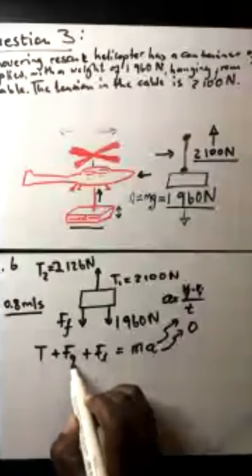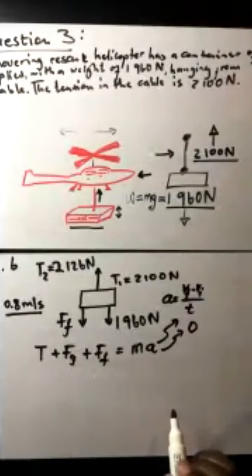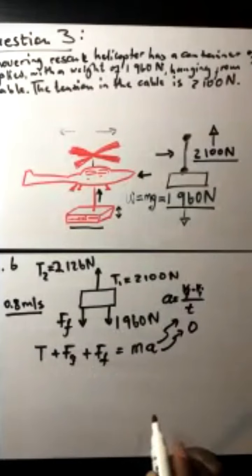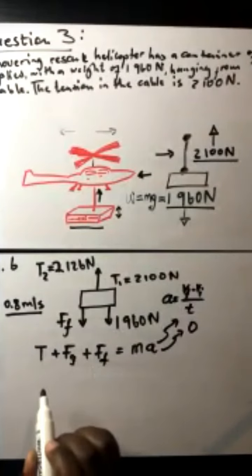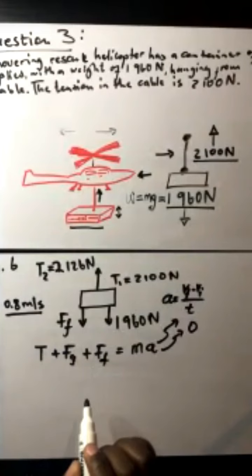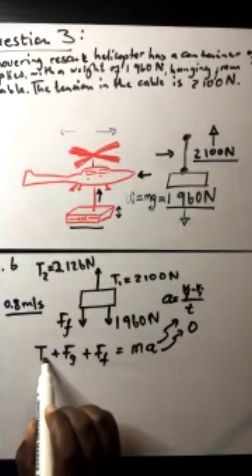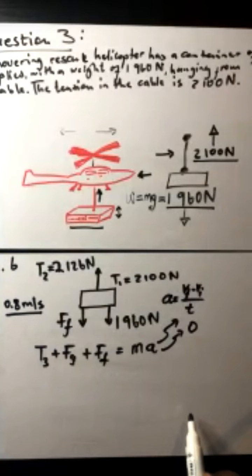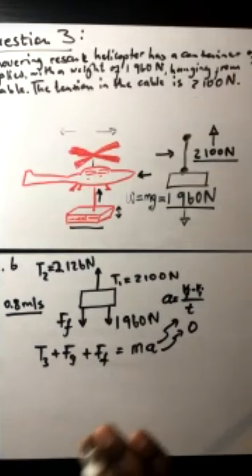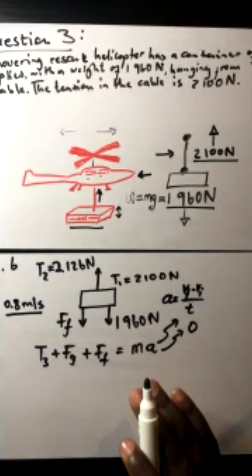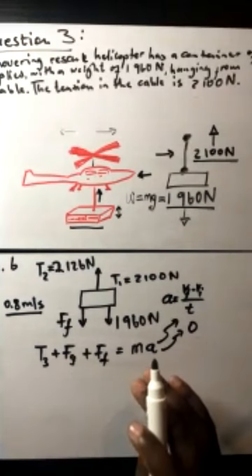Okay, so for that reason, I'm going to help you answer this question. Let's say we are calculating for tension number 3. Remember, this is just to differentiate the stages at which they are asking about the tension.